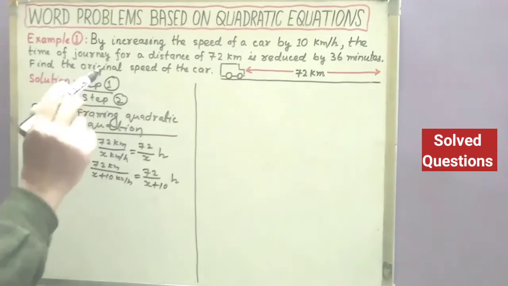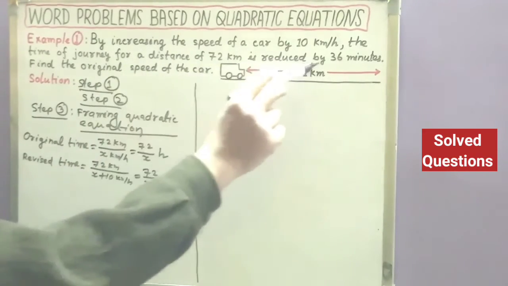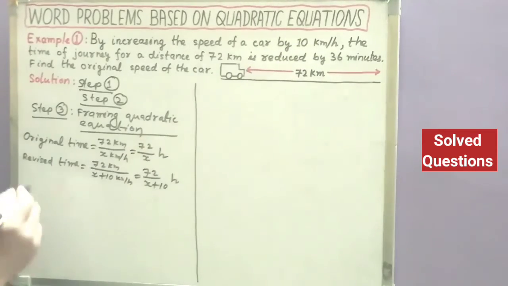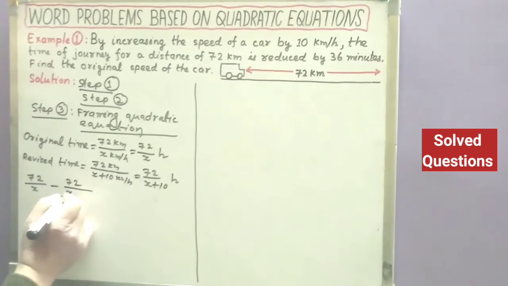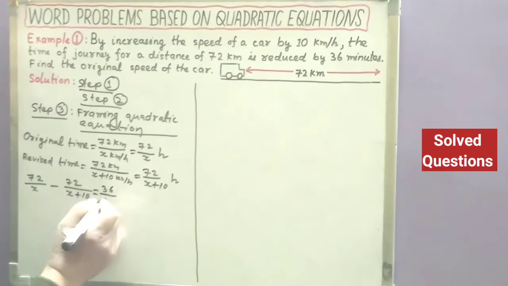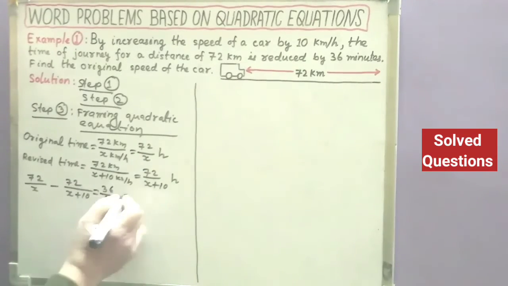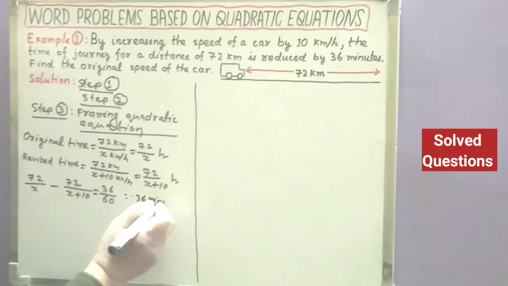On increasing the speed of the car by 10 km per hour, the time of journey for the distance of 72 km is reduced by 36 minutes, that is, 72 upon x minus 72 upon x plus 10 equals 36 upon 60, because 36 minutes equals 36 upon 60 hour.